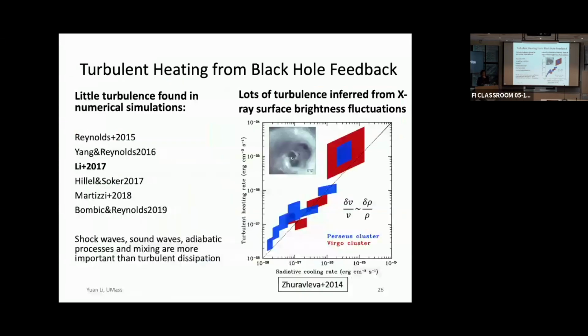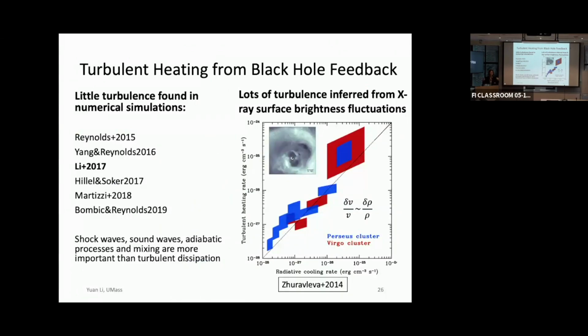But before I talk about viscosity, I'll talk about cluster centers first, because that's related to something that's really dear and near to my heart, black hole feedback. One of the ideas that was really attractive was, well, first, we all want to know how black hole feedback operates.